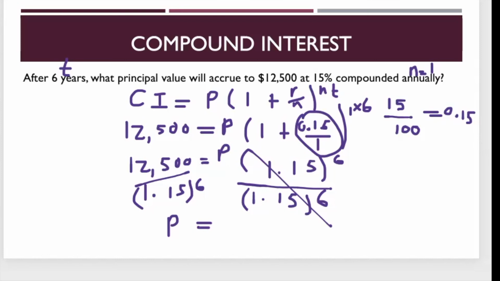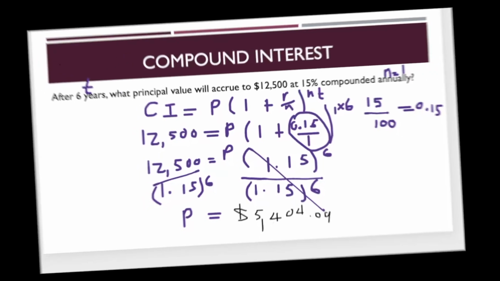So calculating this, I am getting 5,404.09. And that's it. This is the principal amount.